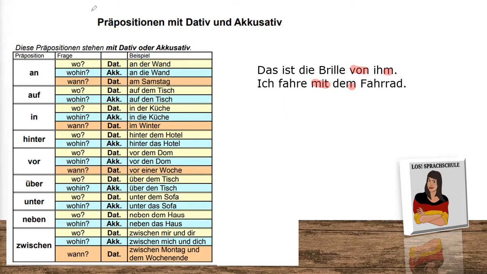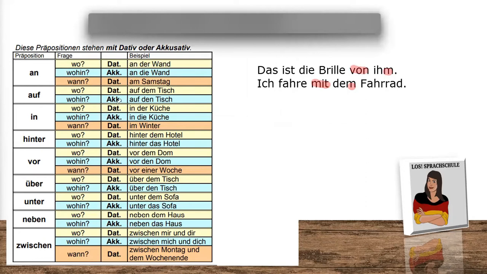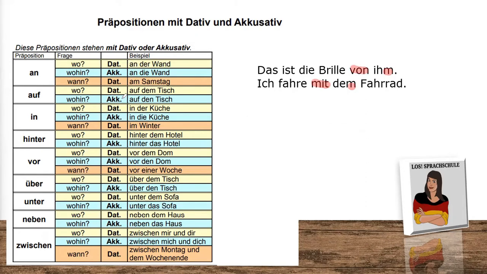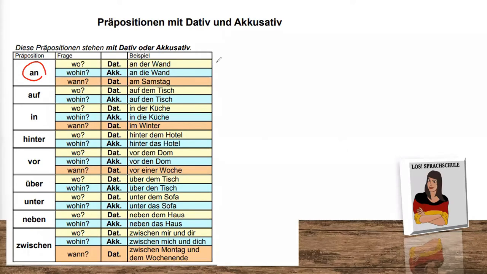But now we have some prepositions that can be dative or accusative. So we have, for example, an. How can we know if it's dative or accusative, if it can take both? The answer to that is the question. As you know, an means at or on, has many meanings.